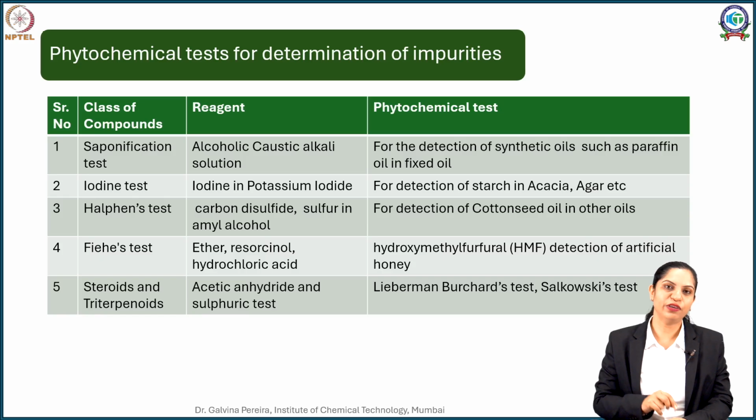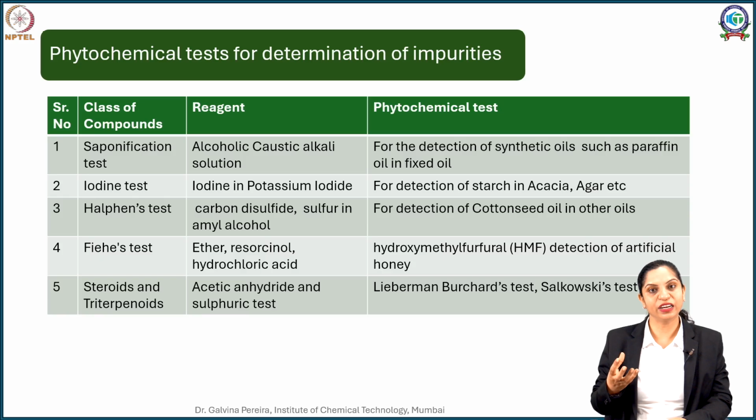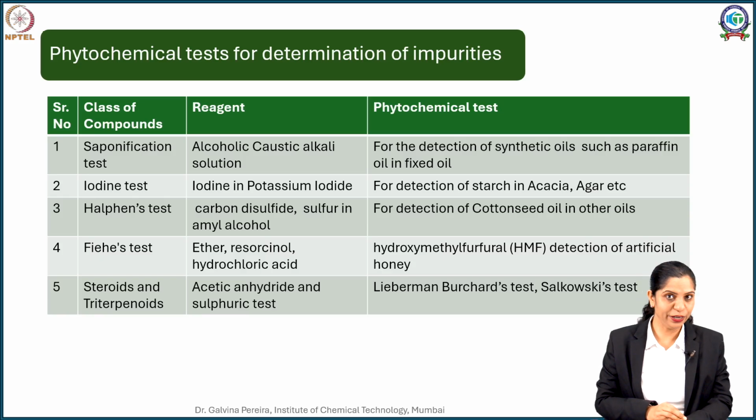So if I take this honey and extract it with ether, and treat this ethereal layer with resorcinol and hydrochloric acid, and I get a persistent reddish coloration, then I say that my Fiehe's test is positive. That means my honey is adulterated with artificial invert syrup.